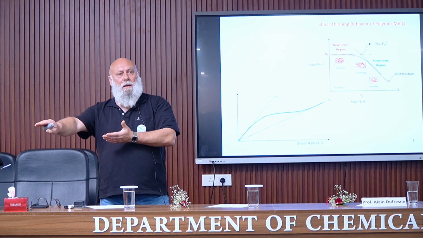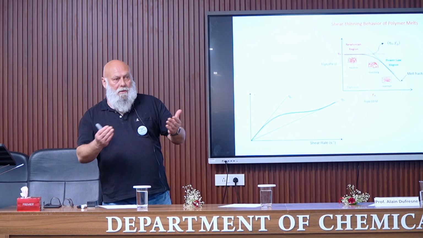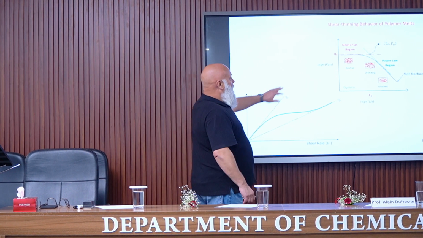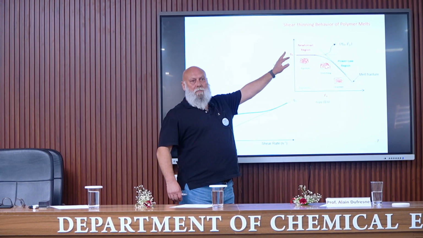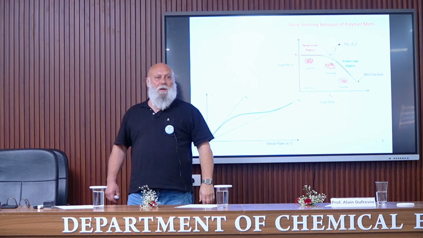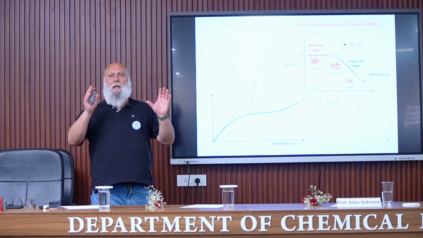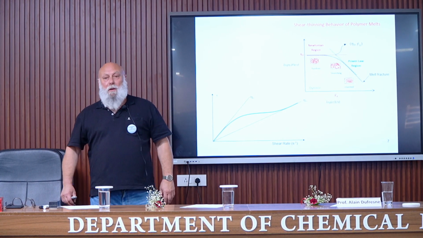And so it's necessary to compare these two times. At low shear rate, the relaxation time, so the characteristic of the polymer, is low compared to the experimental time, meaning that at any time the macromolecule is in its equilibrium state in the form of a random coil.